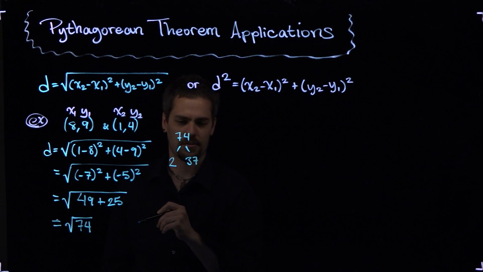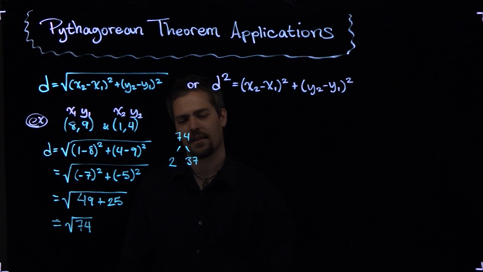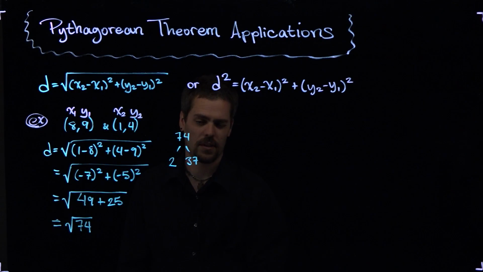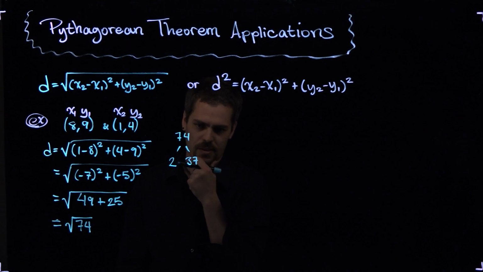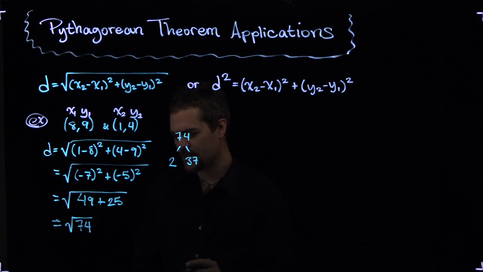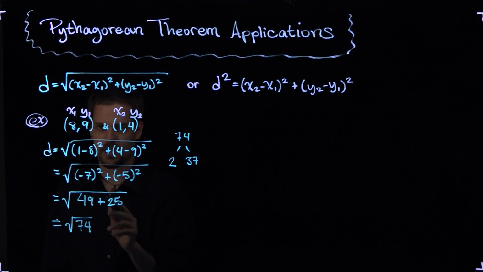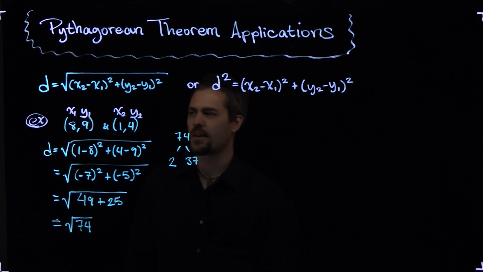I believe that's correct. 37 is anything times anything 37? 13 times 3 would be 39, 12 times 3 is 36, so that doesn't work. I can't really see it. So I'm going to say that this actually doesn't simplify due to the prime factorization there. And that's something you can review at a later time.